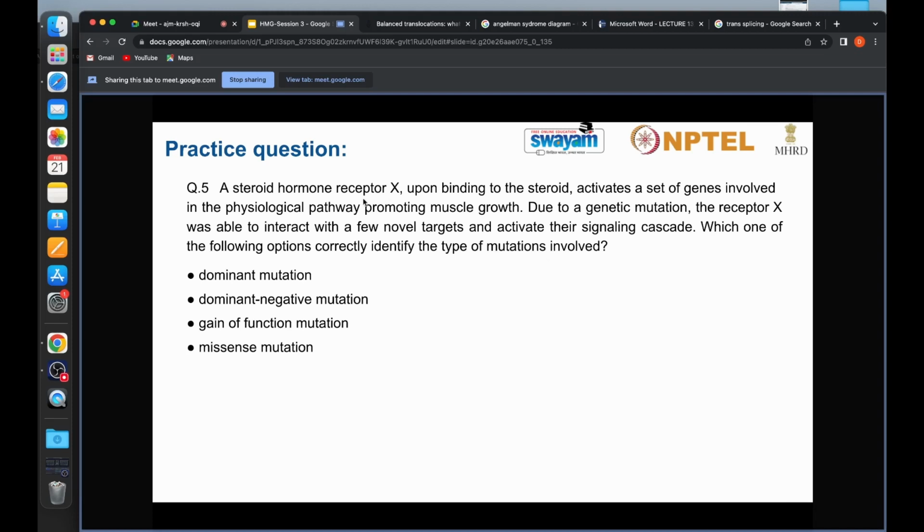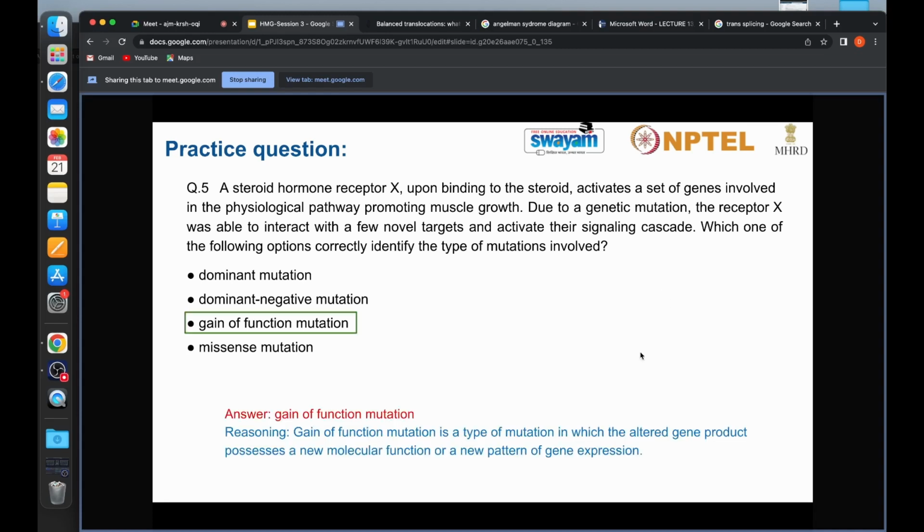So in which you had a hormone receptor, and when it binds to steroid, then it activates the other set of genes. So here you can see that there is some kind of activation that has occurred upon binding. So whenever a certain binding or certain mutation leads to the activation of other genes or activation of other pathways, then that is always the gain of function mutation.